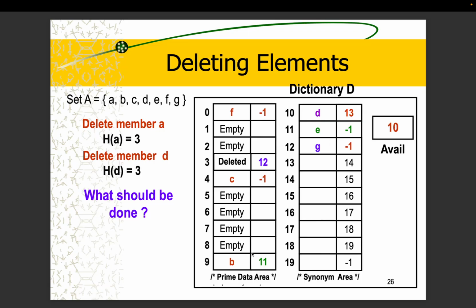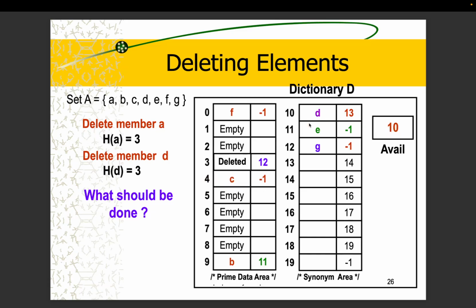It means that when I insert something again, let's say I'll insert a letter, I already have E, F, G, so H. Let's say H is supposed to be inserted at index 4. What would happen is, I'll get my avail, which is 10.